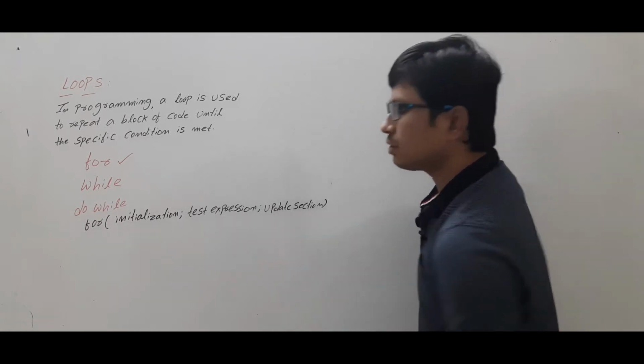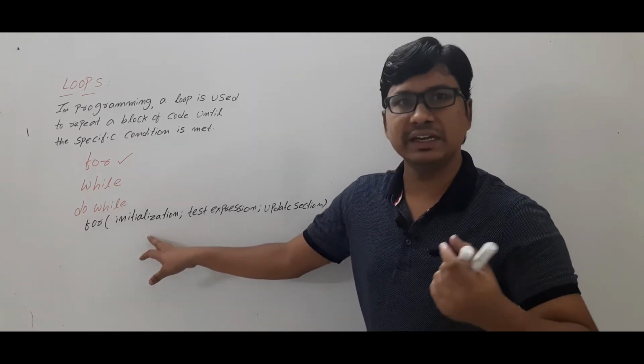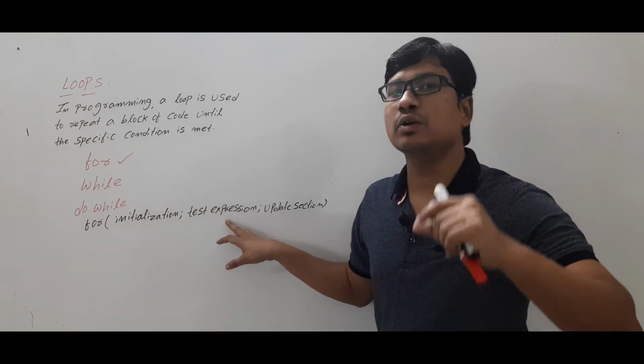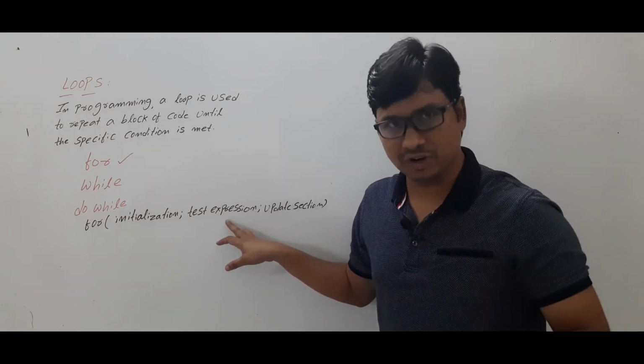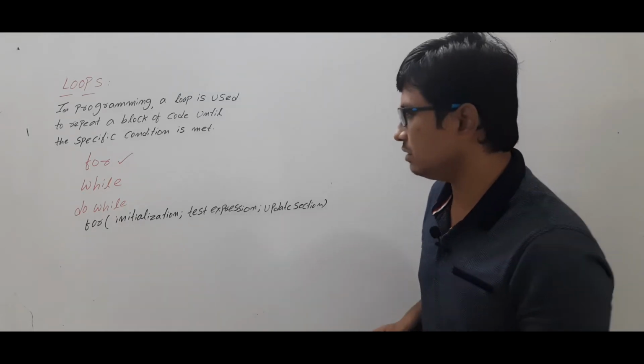So we have three sections in total. One is the initialization section where we will initialize the values. We will have a test expression where we will check whether our condition is true or false. And then the update section, where we either increment the value or decrement the value.